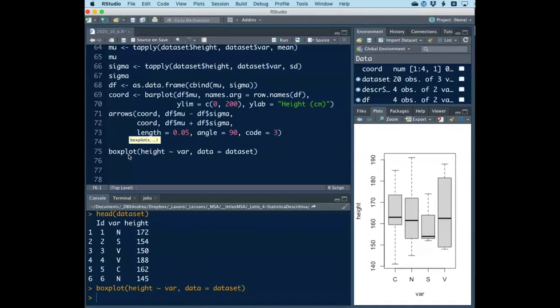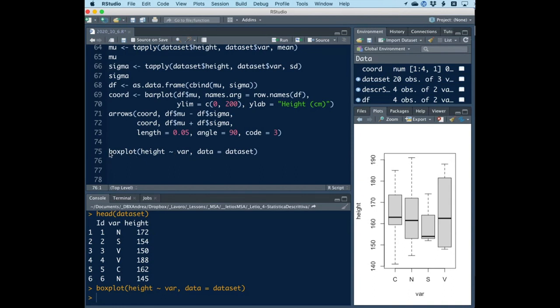So there are a few problems, and we'll find some workarounds. The name of the function is boxplot. What we are drawing now is the box whisker plot. It's box and whiskers, right? We use the function to tell R what it should draw. The function is this. Height, look at the tilde. Tilde means is a function of.